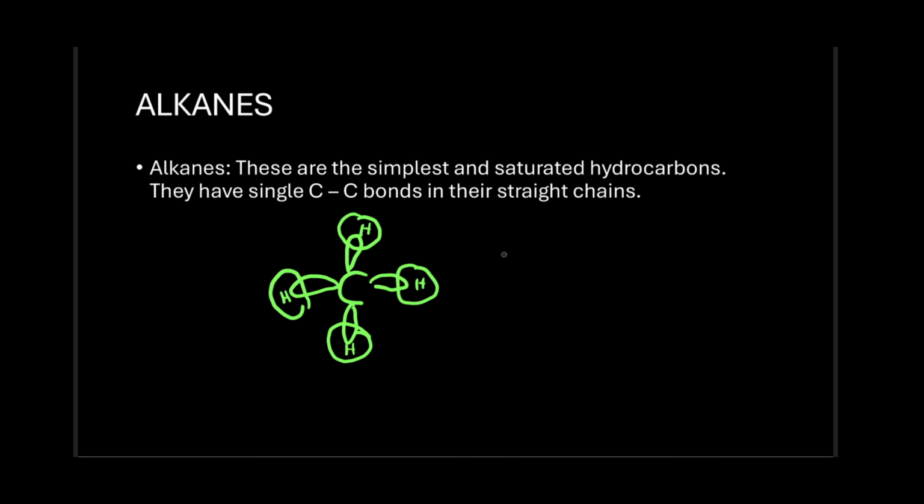We can also have other forms. We have the carbon atom being bonded to another carbon atom, and then we can have hydrogen atoms here. We can even have halogens bonded to our carbon atoms.